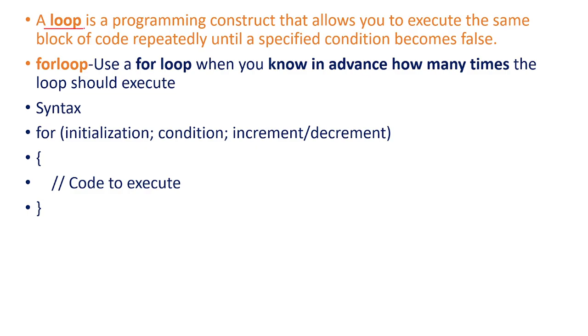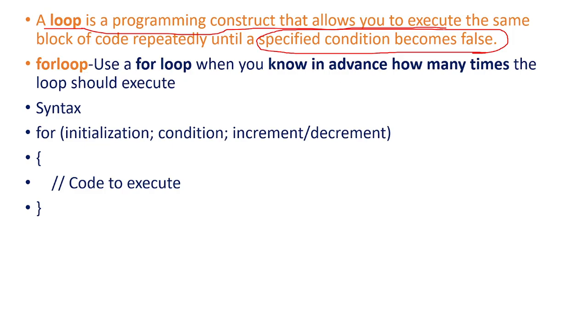First we'll explain what a loop is. A loop is a programming construct that allows you to execute a block of code repeatedly until a specific condition becomes false.